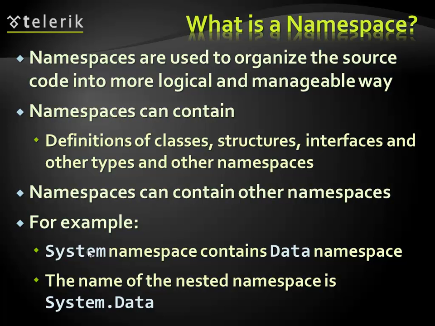For example, we have the namespace System. All the classes defined under the namespace System are global classes which relate to the system, for example all the primitive types like System.Int32 or System.String, or System.Data in this case, which is actually another namespace.